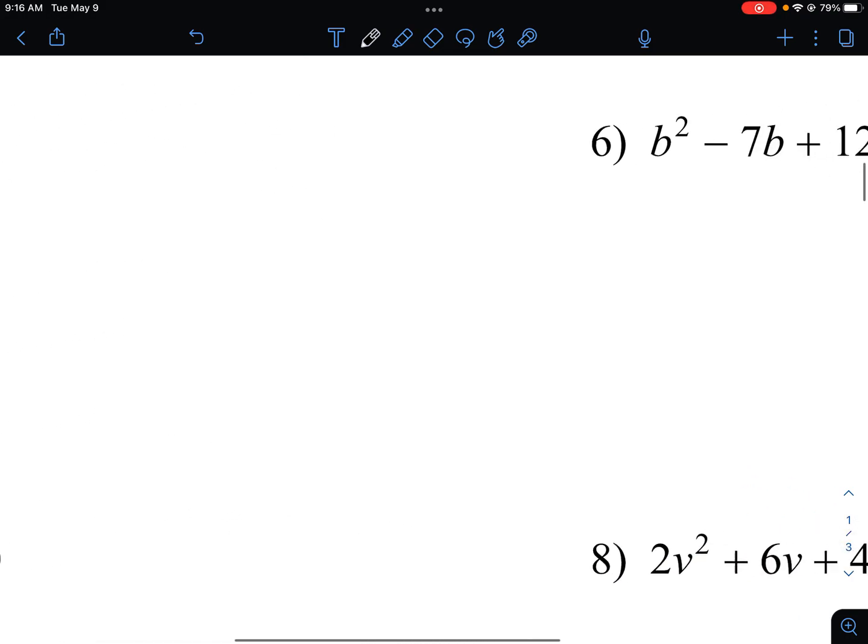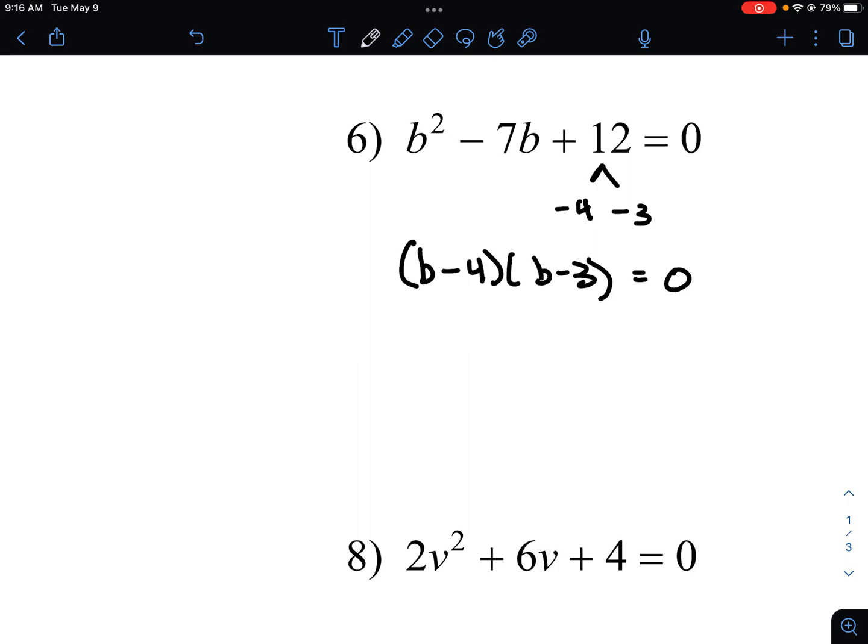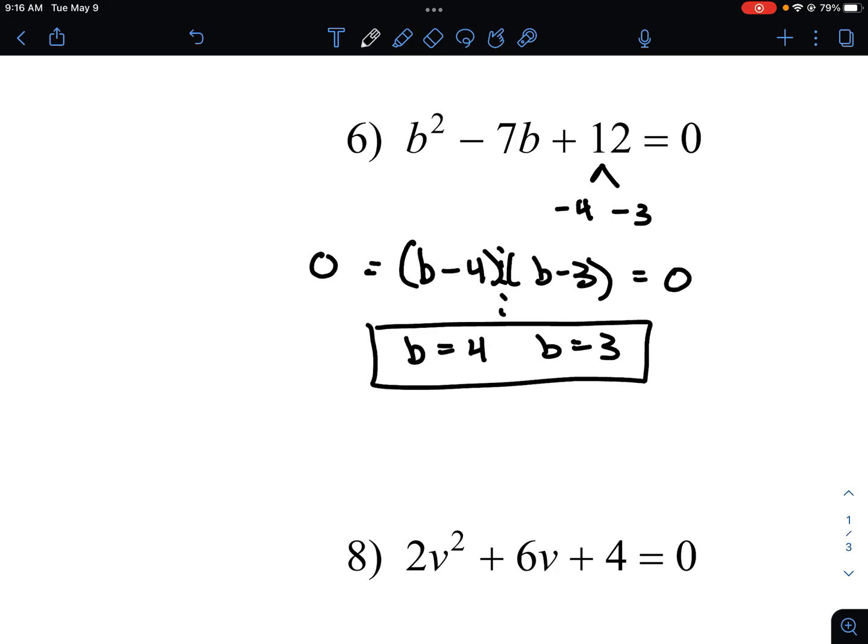Now, before we get to 7 and 8, we'll do 6 here. Another factoring practice. b minus 4, b minus 3 equals 0. And that means b equals 4 and b equals 3. So I kind of jumped ahead on those ones, but the more practice you do, the more confident you'll get.